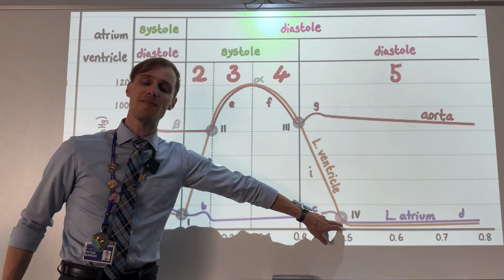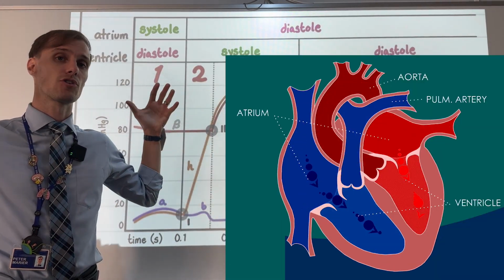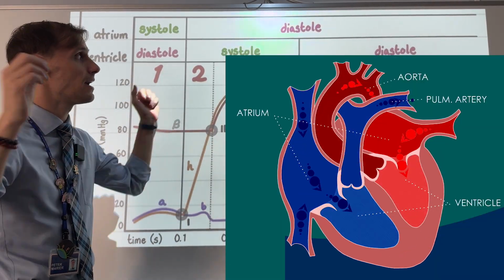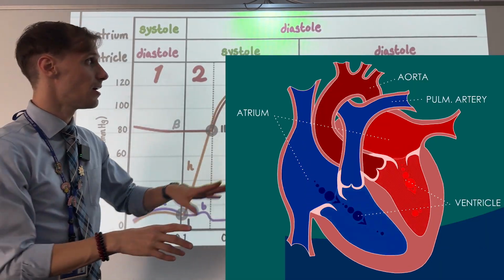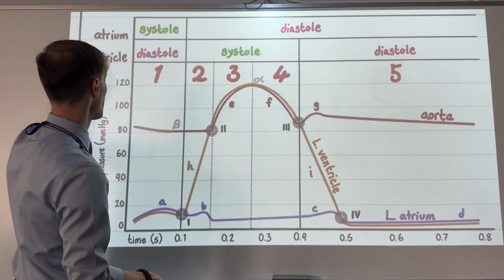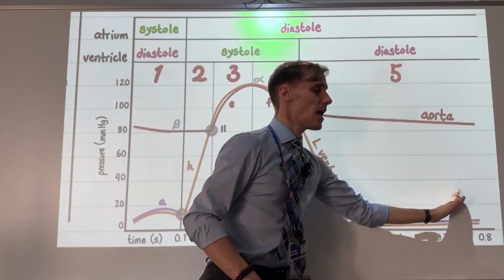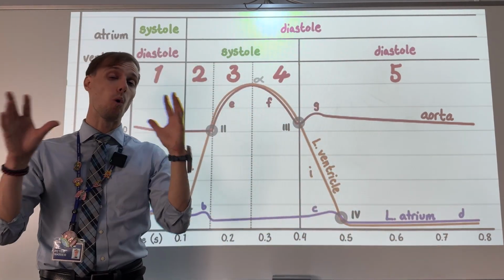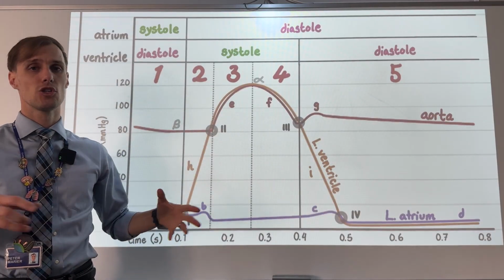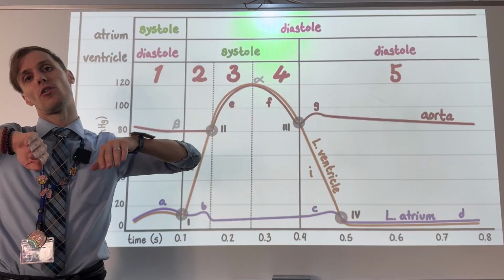So now the AV valves are open. This is once again going to allow ventricles to passively fill and the atria to passively fill. And the reason I'm saying passively is because notice that both the atrium and ventricle are in diastole. That means at this stage, neither the atrium nor the ventricles are contracting. So you get passive filling, and that blood is coming in through the veins.